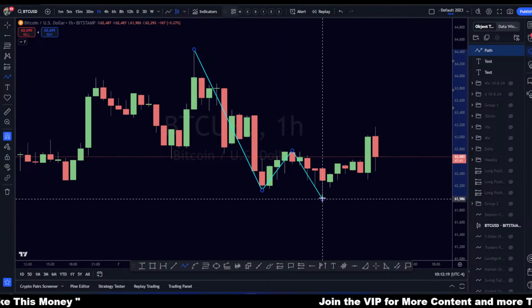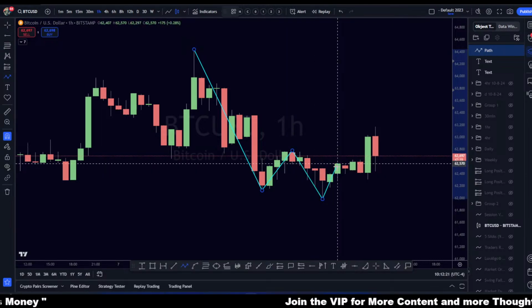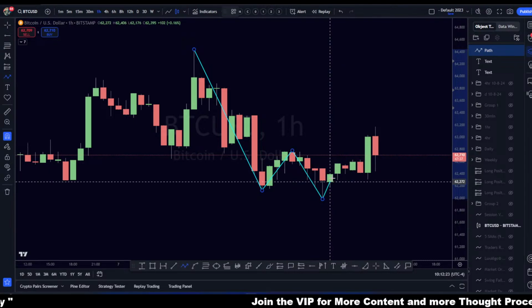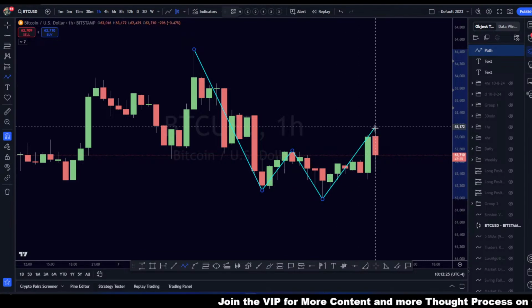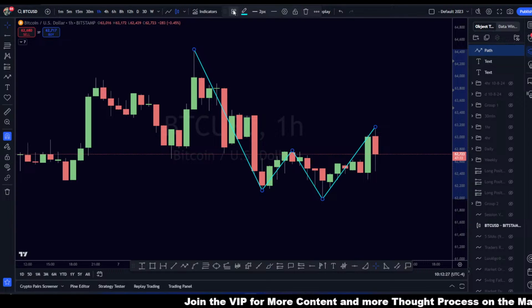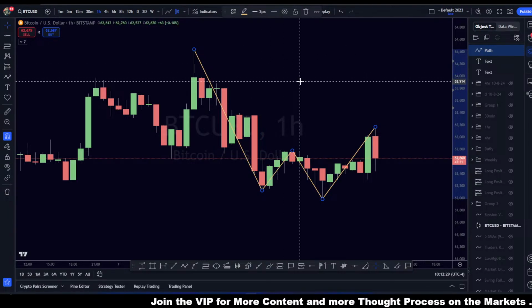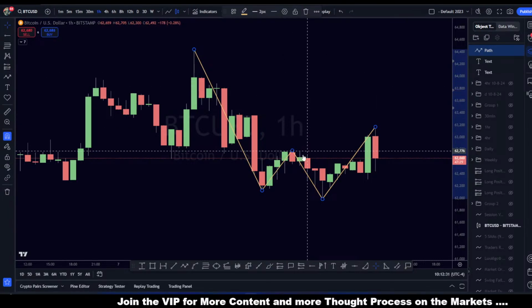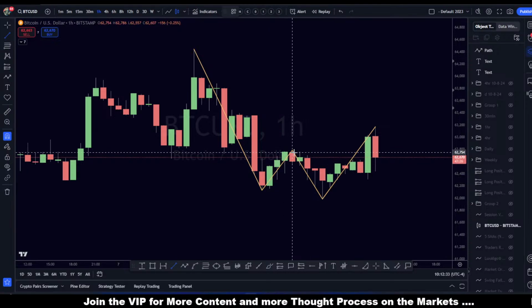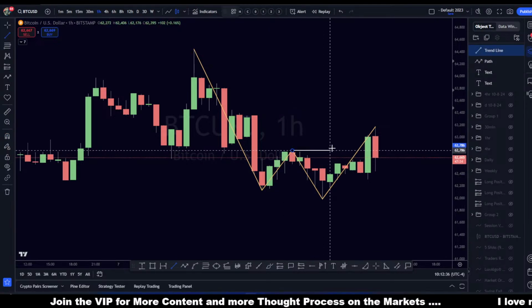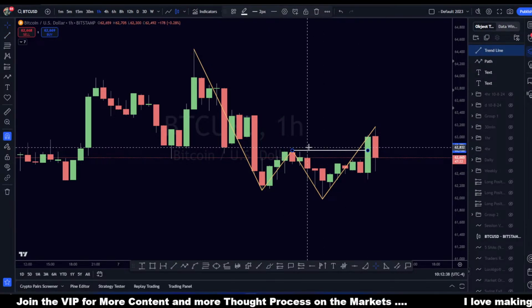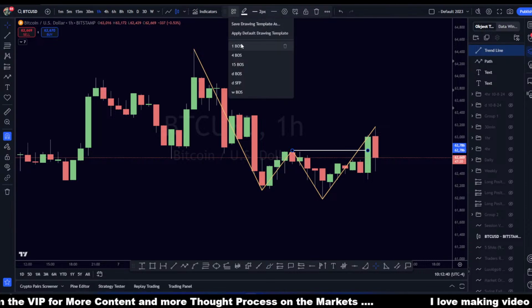Then we come down, then we need 2 candles, so we have 2 candles. This one is higher than this one, and we go to the very highest point. So this one is our 1-hour time frame, and on our 1-hour time frame, now what we're looking for is a break of structure, or where it crossed, and this is where it crossed. So this would be our break of structure.